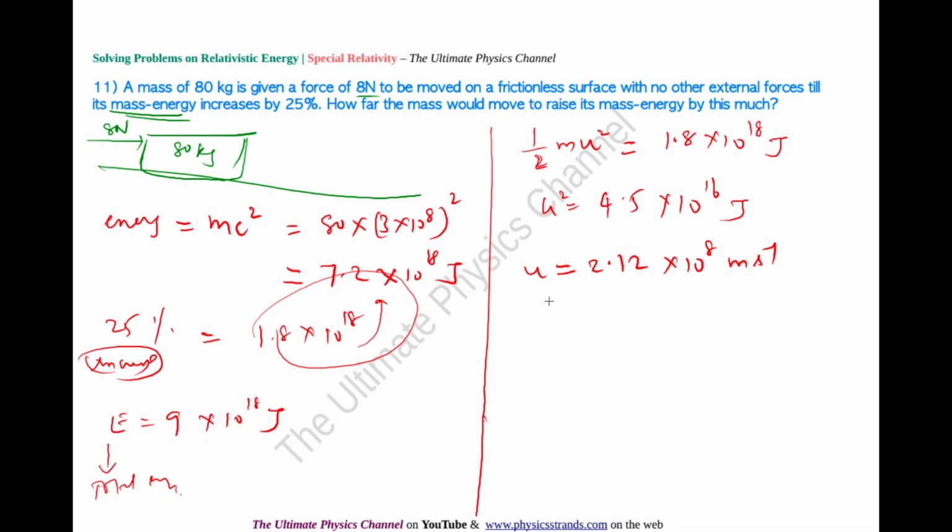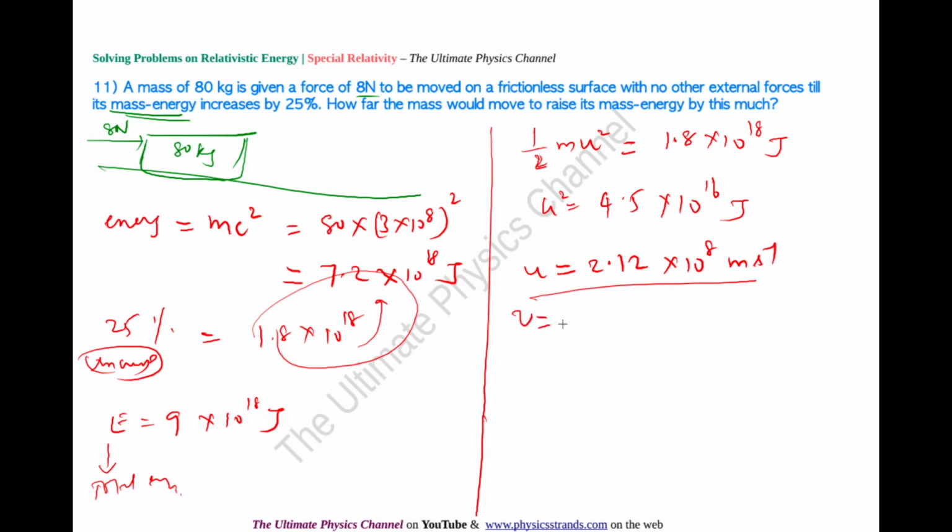Yeah. So this is a significant speed. Right. Now we can do for the distance that this is moving, we can use two simple classical equations.